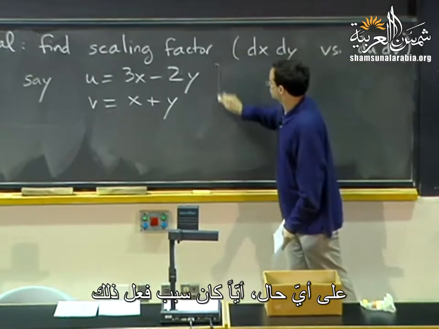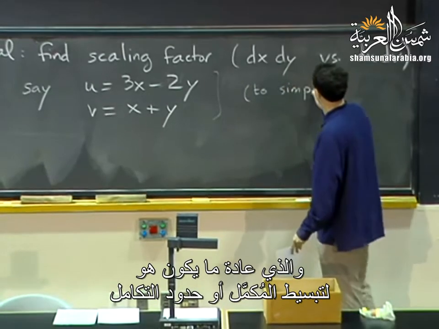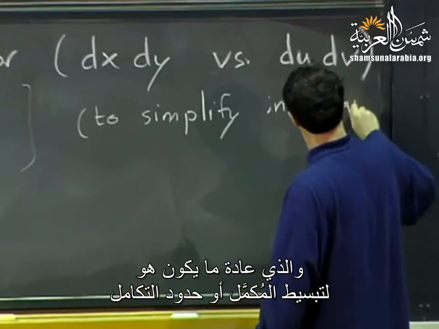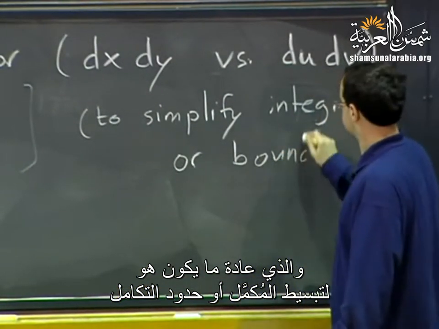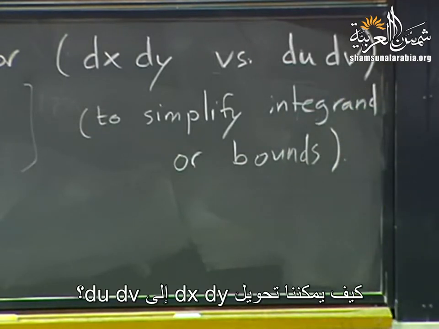Anyway, whatever the reason might be, typically it would be to simplify the integrand or the bounds. Well, how do we convert dx dy to du dv?